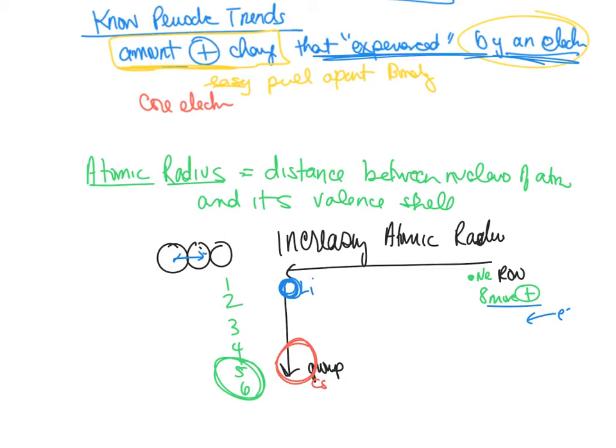Okay, and then there's ionization energy. Ionization energy is sometimes written IE, and remember, you need to know the name of the trend. So this is a second trend. And you need to know the definition.